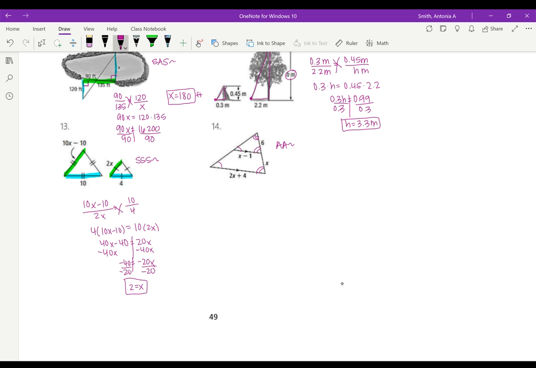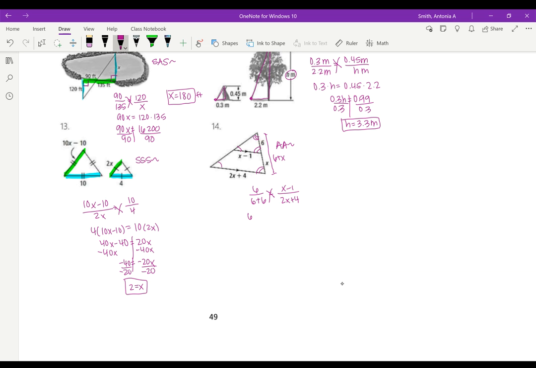And then my bigger triangle, this side, is 6 plus x and 2x plus 4. So my ratios, I want 6 goes to 6 plus x, and x minus 1 goes to 2x plus 4.